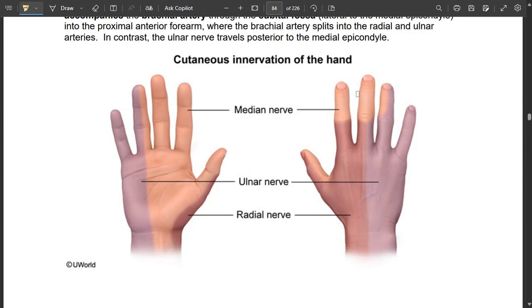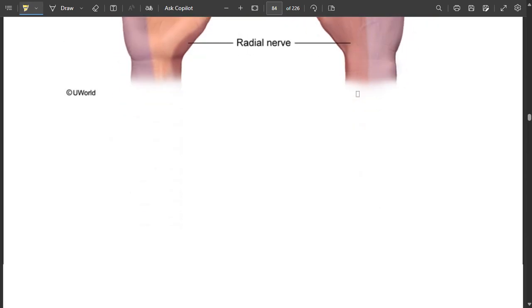The median nerve also supplies the distal half of the index finger, middle finger, and ring finger on the dorsal part of the hand.